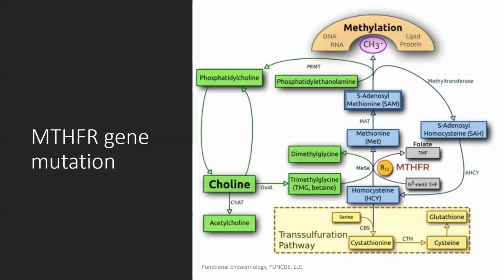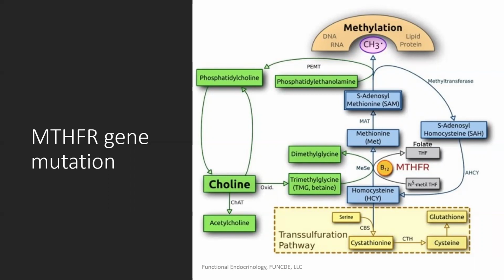And you can see that vitamin B12 plays big role, and actually folate plays big role. And therefore, people with MTHFR gene mutation will require to have methylated version of B12 and methylated version of folic acid, not folic acid, but folate, tetrahydrofolate.